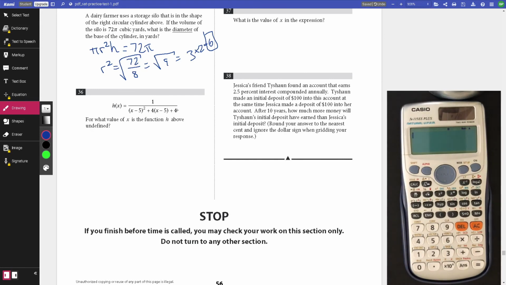For what value of x is this function undefined? So we know we can't divide by 0, so it's undefined when the bottom denominator is 0. So we solve the bottom expression for 0. Distribute it first. Then combine like terms.